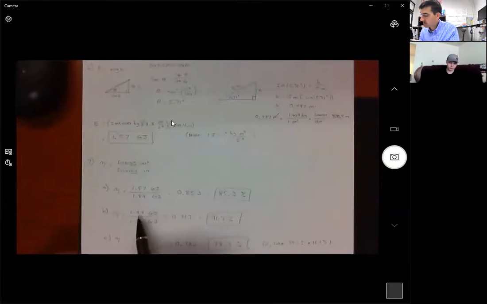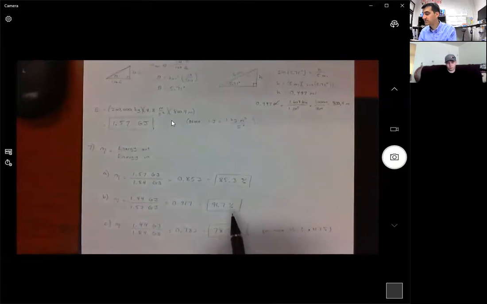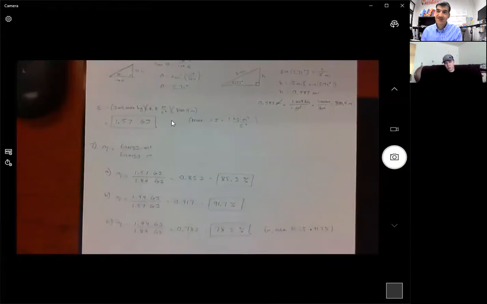So our energy out here is given as 1.44 gigajoules, and the stored energy, that's the amount of energy that was stored as gravitational potential energy, is 1.57 gigajoules. So the ratio of those is 0.917 or 91.7%. In other words, of the amount of energy that was stored as gravitational potential energy, I'm actually going to get 91.7% of that out as electrical energy as the system is discharging.